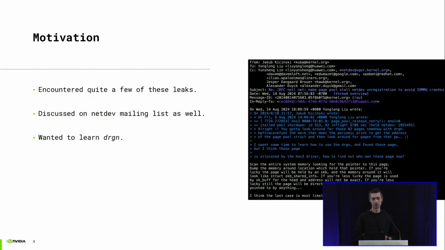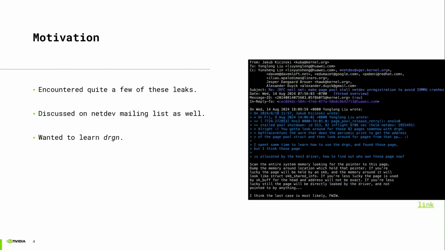The motivation for this talk: I had quite a few of these leaks in our tests, and it was always hard to know, is this a driver issue or is this some kind of application not reading its SKBs from the socket, not consuming the SKBs?